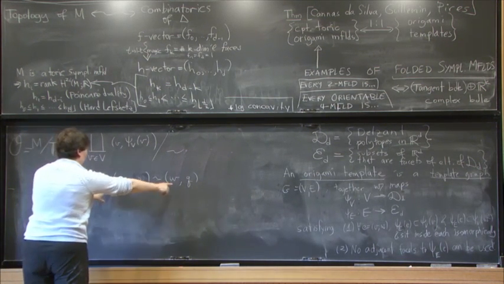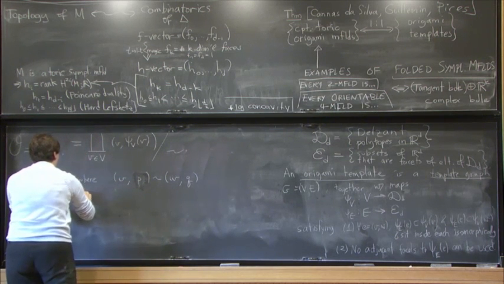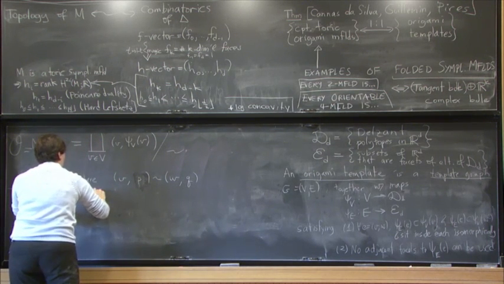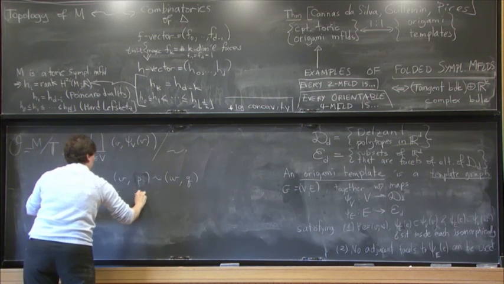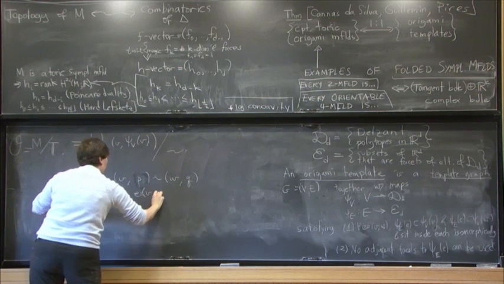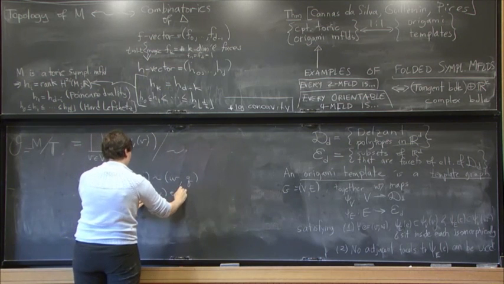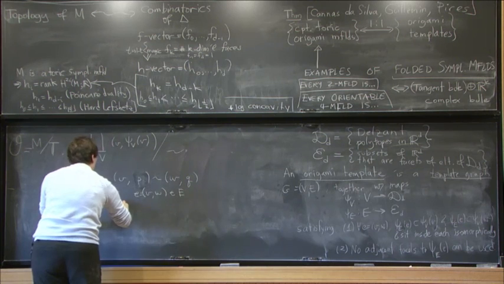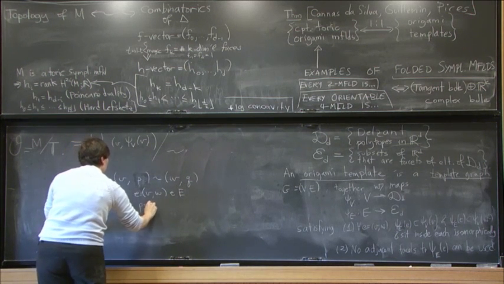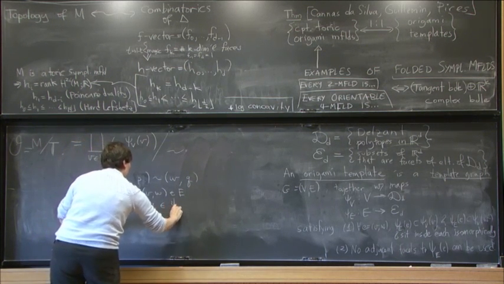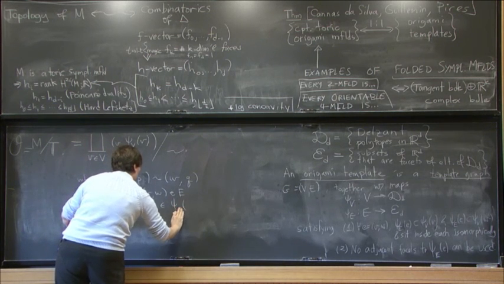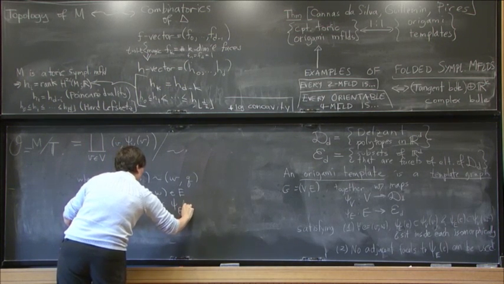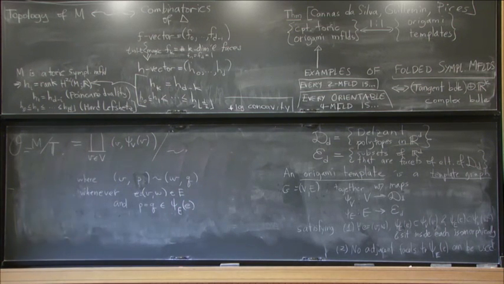So whenever there's an edge VW, and P is equal to Q, P and Q are in that facet, and they're the same point in that facet. Okay, so I glue the same points to the same points.